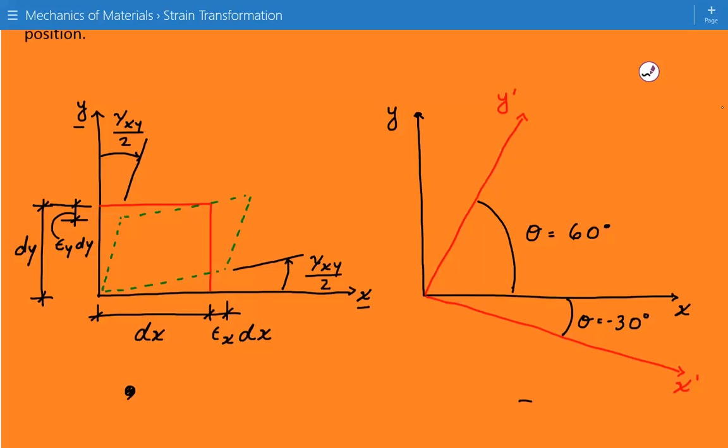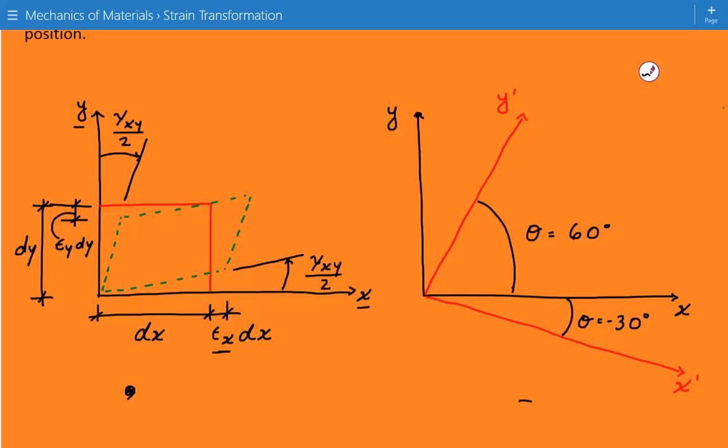The reason we're showing negative is because when we're doing these calculations, counterclockwise from the original x is positive. So clockwise will be negative. Also, before we proceed with the solution, going back to the figure on the left, since we have a positive strain in the x direction, this element is getting longer in the x direction.